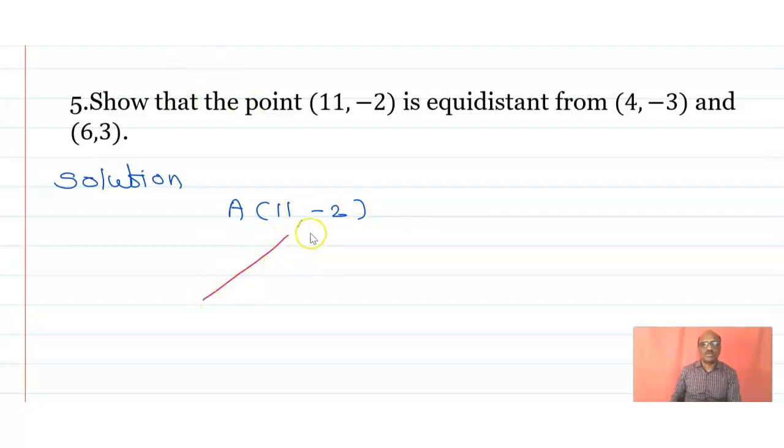Suppose if I draw this, the first point, I treat this as B (4, minus 3), and here I treat as C (6, 3). Okay, so what we have to show is AB and AC, these two distances are equal.